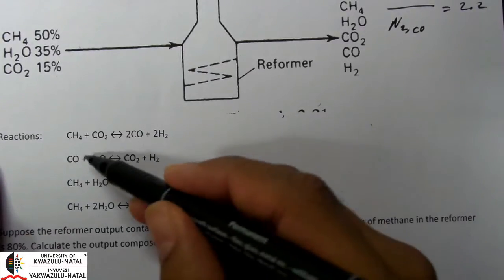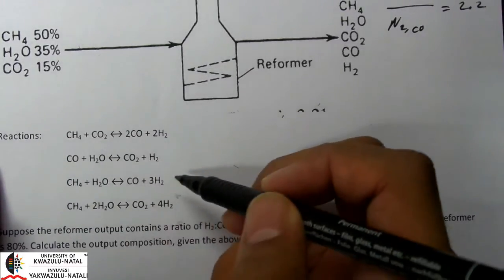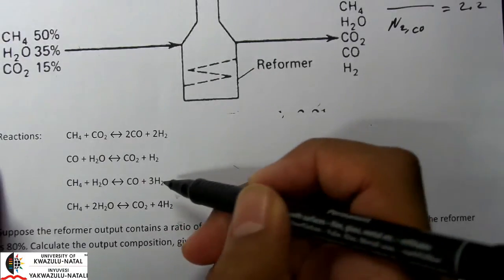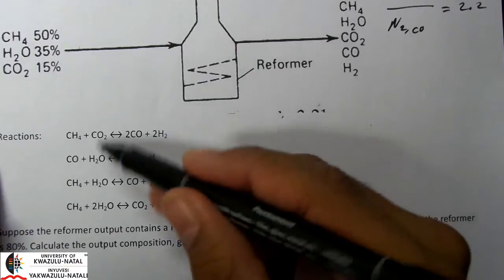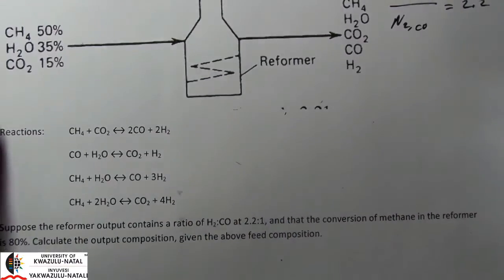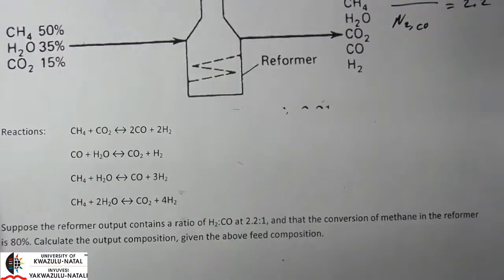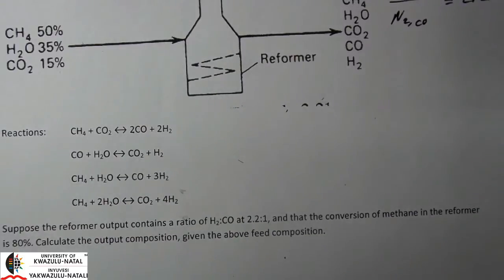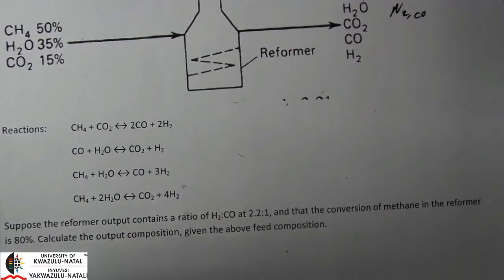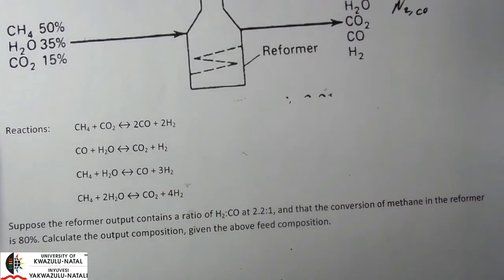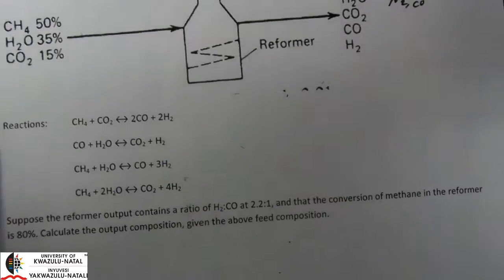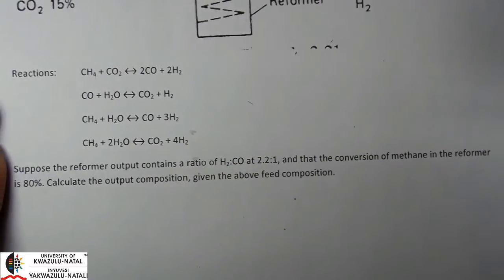So there is no reaction here that seems to have a species that is unique to that reaction. All of the reactions have all different kinds of species and they are not unique. Therefore, we have absolutely no option but to go for Gaussian reduction in order to check whether these reactions are independent or not. So that is our first step.